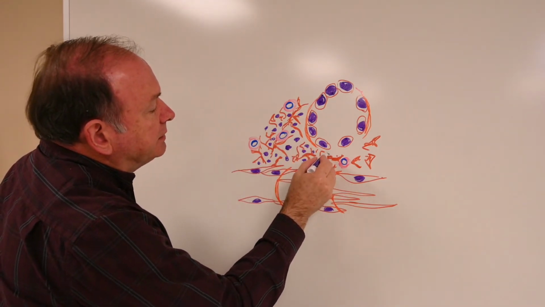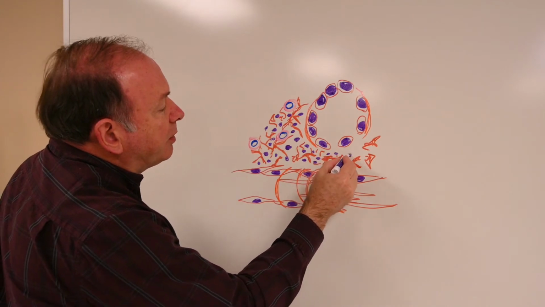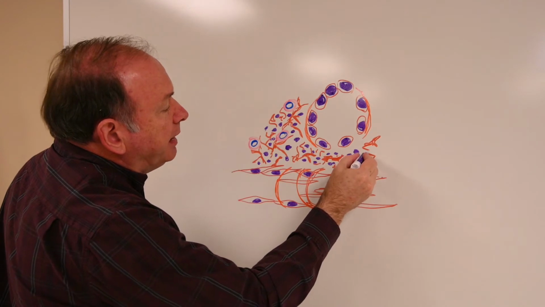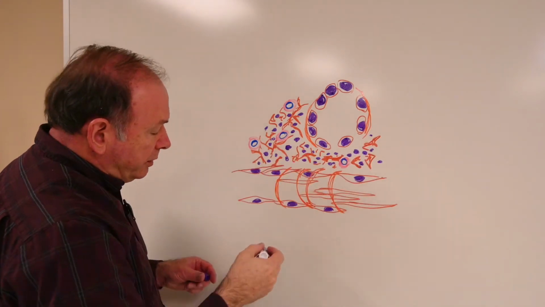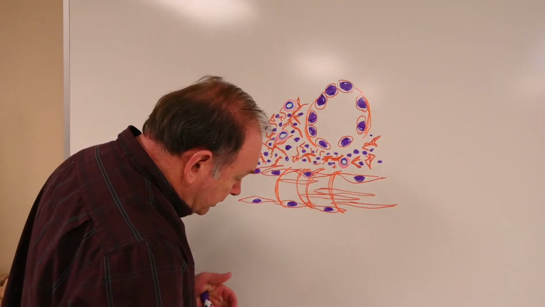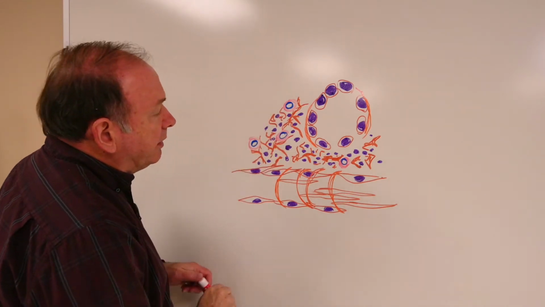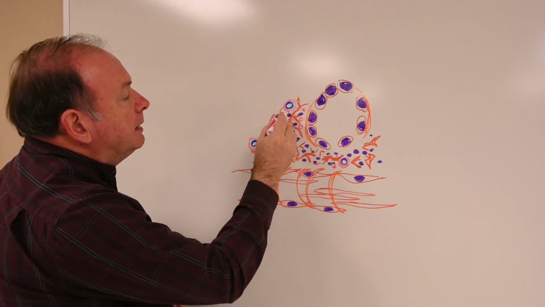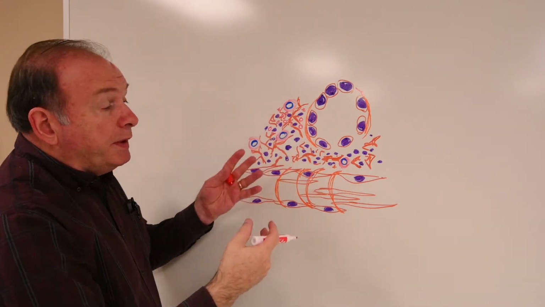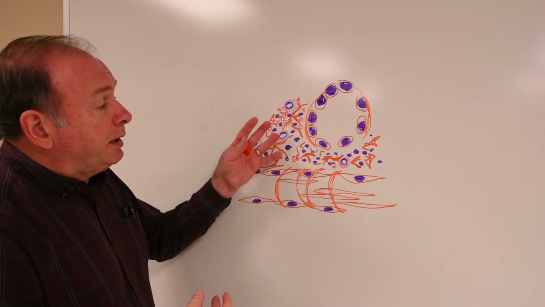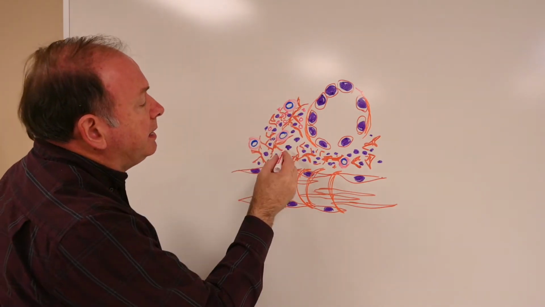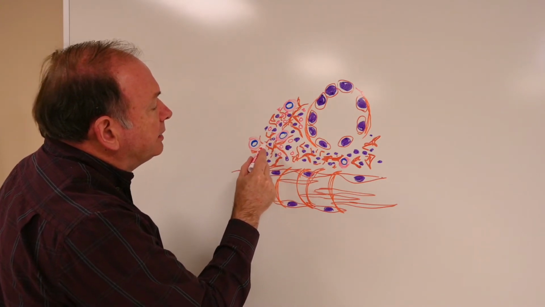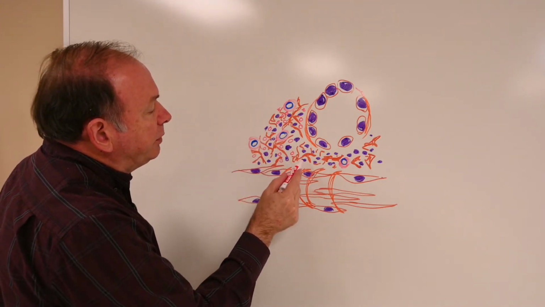Splenic cords consist of reticular fibers and cells along with a number of white blood cell types and red blood cells scattered through it. Let's make a bunch of little red circles to represent red blood cells out here. Remember, this blood that's coming into the splenic cord was dumped there by the small capillaries that were at the end of our penicillar arterioles after passing through the white pulp.